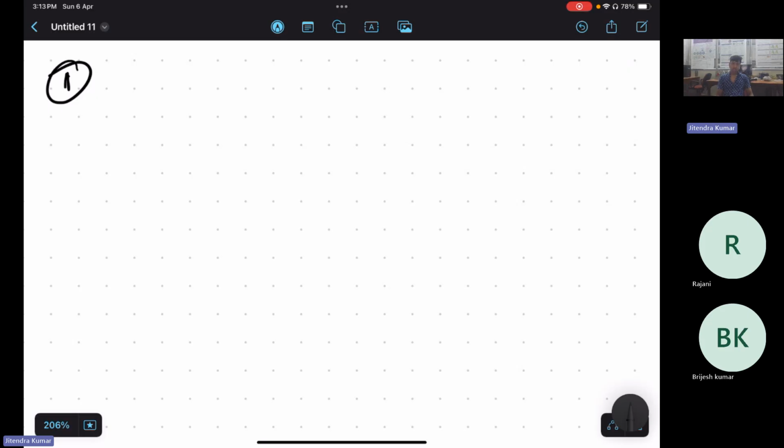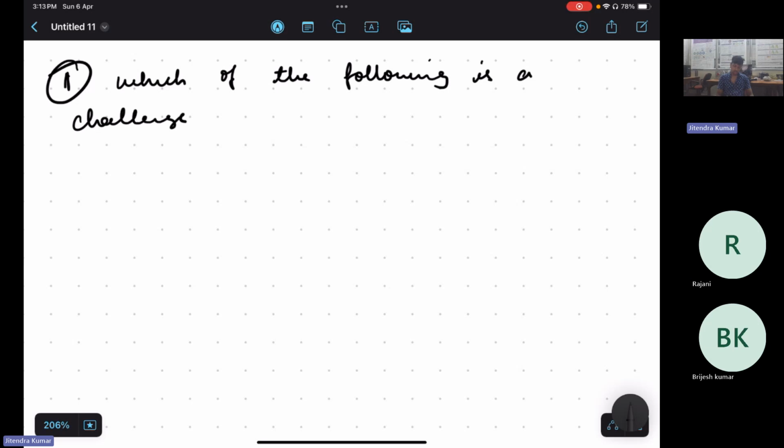Which of the following is a challenge associated with FEA in motor analysis?